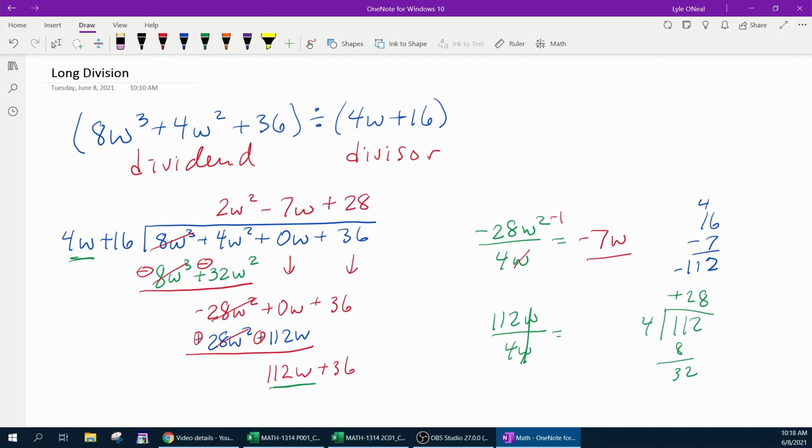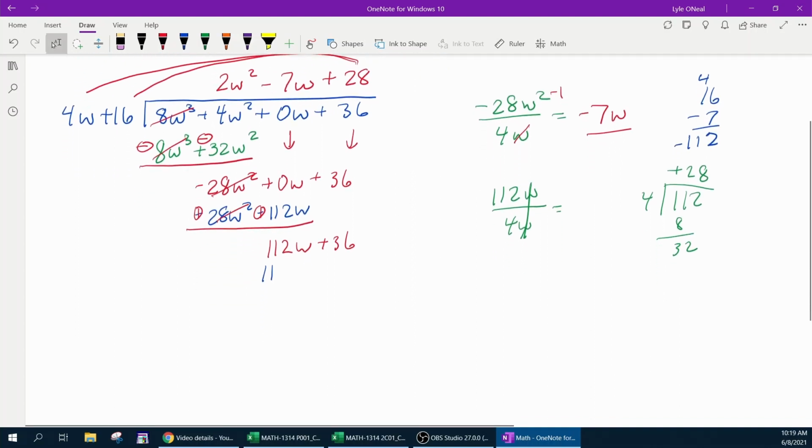And then guess what we need to do? We now need to distribute the 28. So what is 4 times 28? Well, I hope it's 112 because I just did the division. So that should be 112w. Let me scoot this up some. And then 28 times 16.